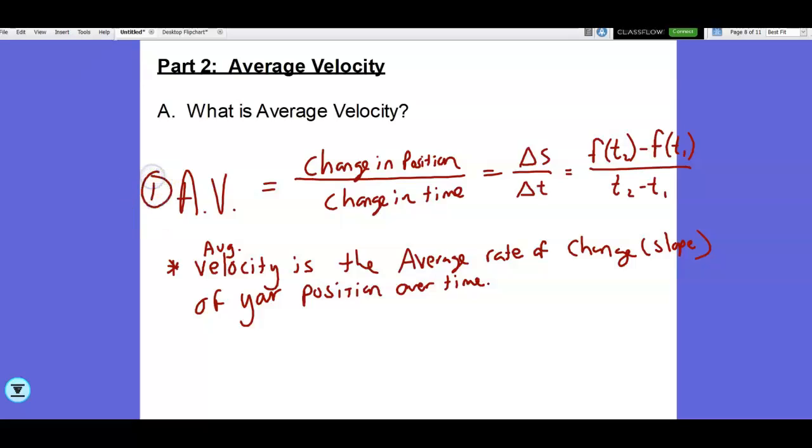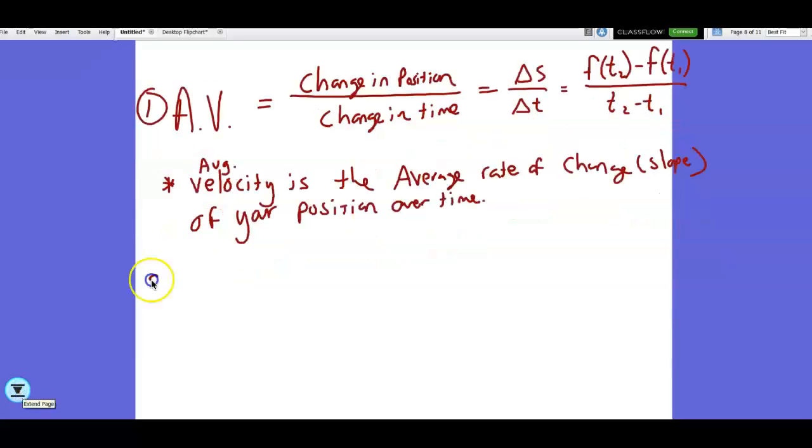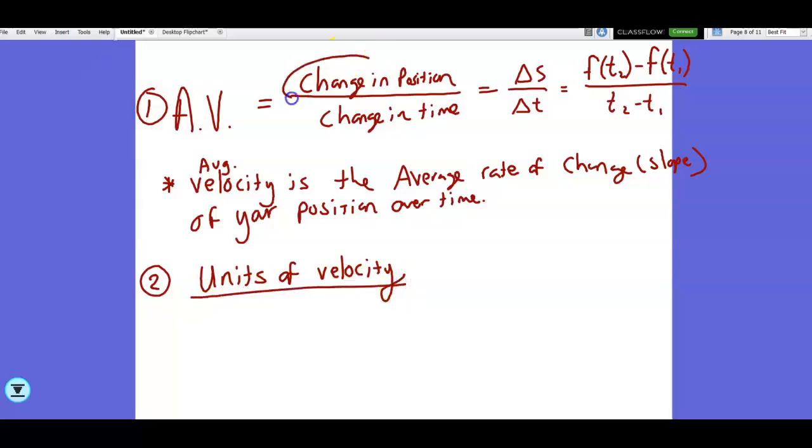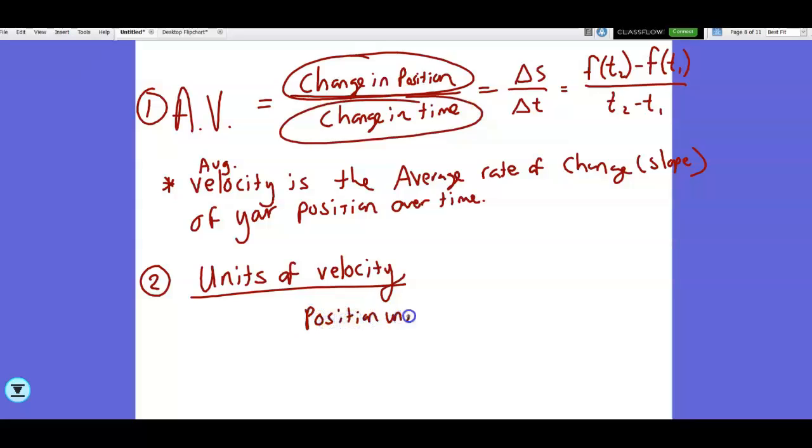So we'll call that 1. So since we're dealing with position in the numerator and time in the denominator, the units of velocity will always be your position units on the top divided by your time units on the bottom.